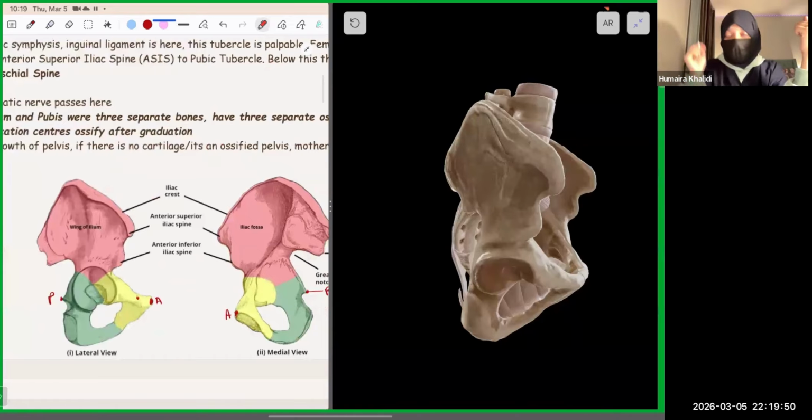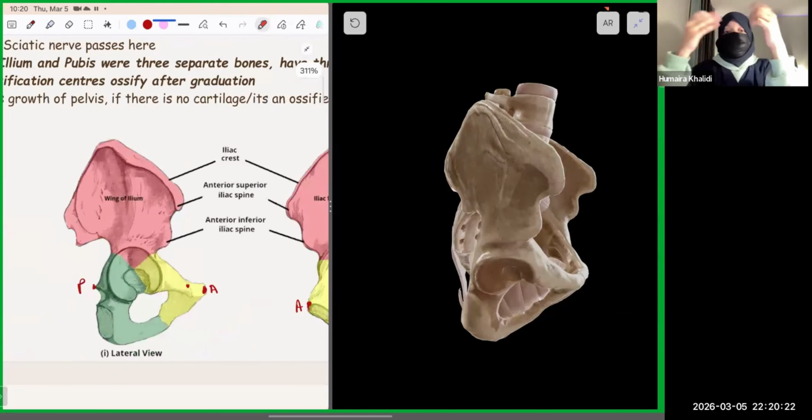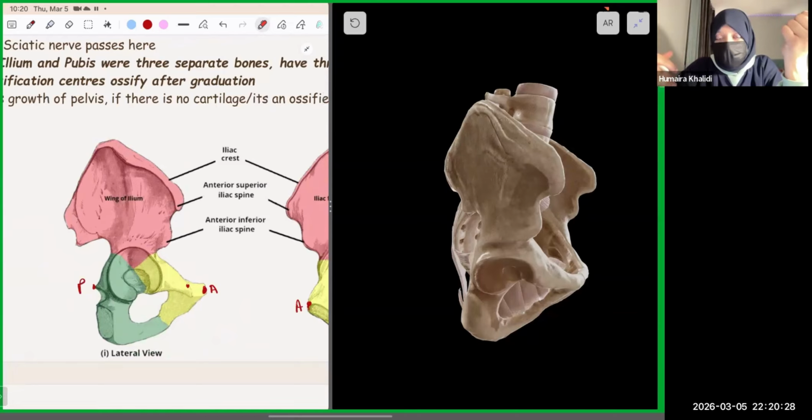Now, what was the importance of this triradiate cartilage? Yes, very good. Bone ossification. The triradiate cartilage ossifies later on, after birth. Now, why isn't it ossified before birth?